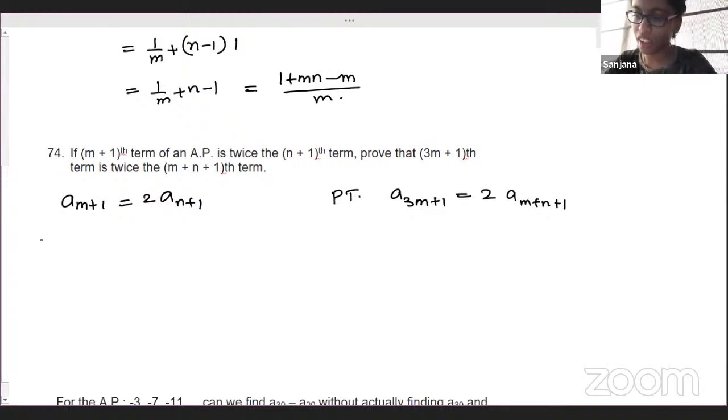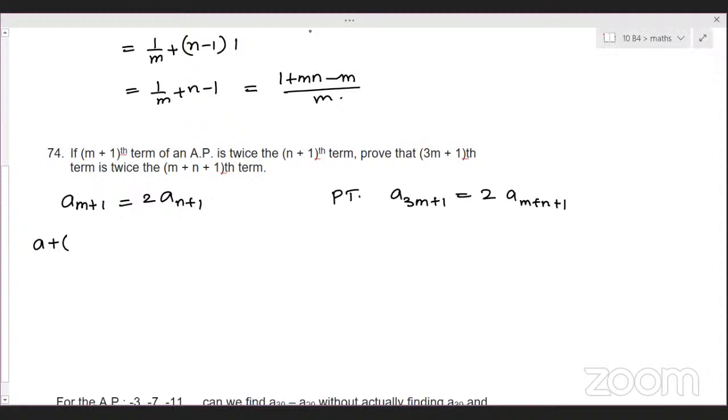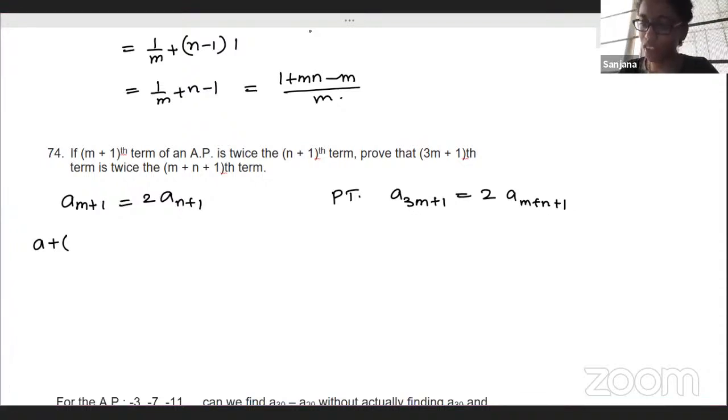Now an is equal to a plus n minus 1 into d. Sorry, I missed it. For the m plus 1th term, n is equal to m plus 1.